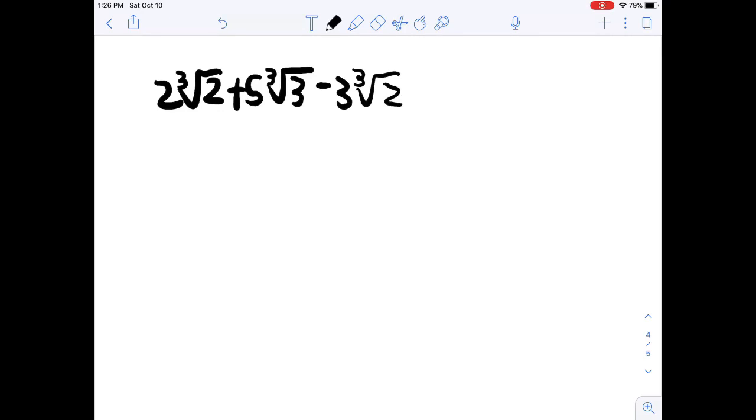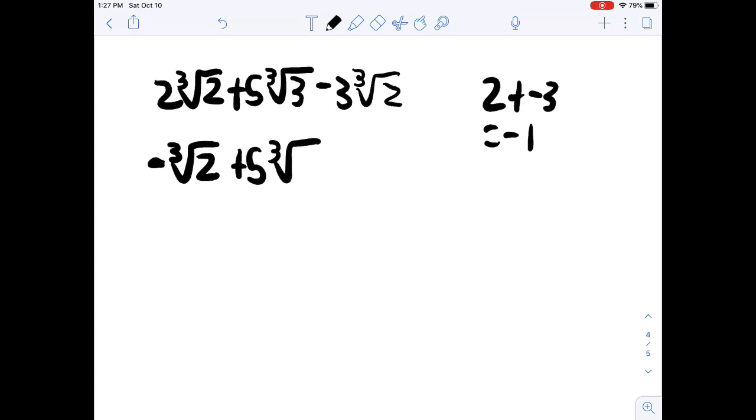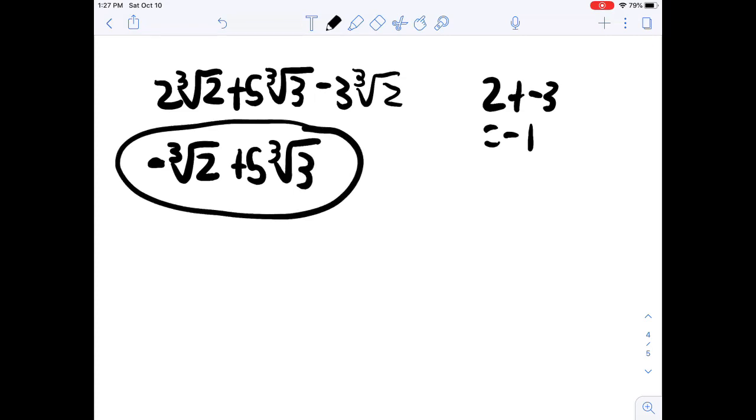Now we just have to look at the radicands. 2 times the cube root of 2 and negative 3 times the cube root of 2 both have 2 as their radicand. So we just add 2 and negative 3, which is negative 1. So we get negative cube root of 2. We don't have to write the 1; it's invisible, but it's still there. Plus 5 times the cube root of 3. And this is the final answer.